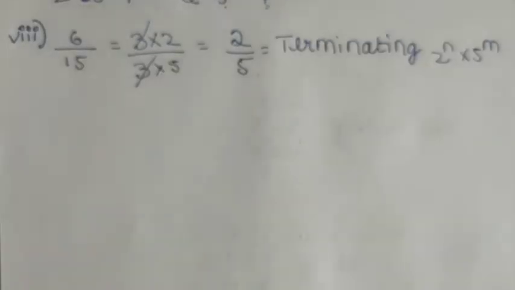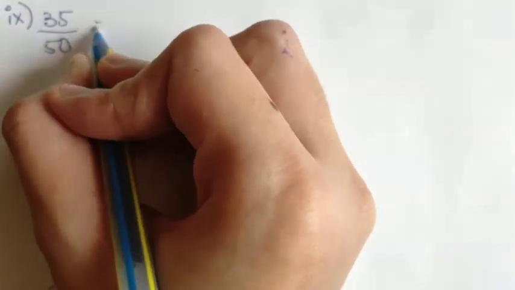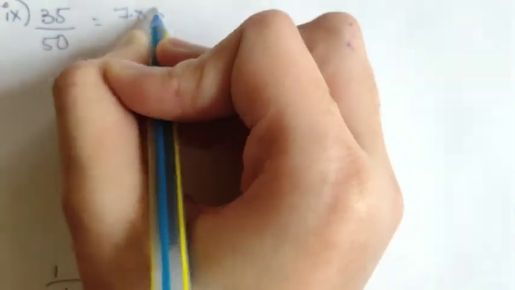Okay. And so here we have the ninth question, that is 35 by 50. Now let's do the prime factorization of this. So here 35 can be written as 7 5s are 35. Now let's do the prime factorization of 50. So here 50 is divisible by 2, that is 25. Again 25 is divisible by 5, that is 5, and 5 ones is 5.